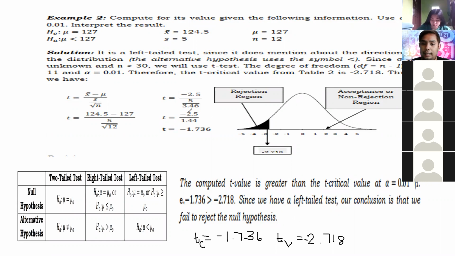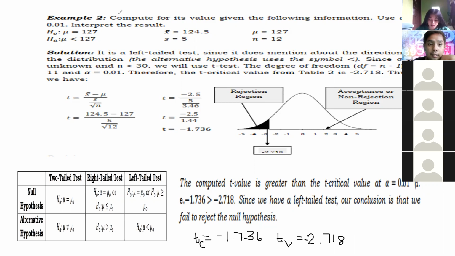Let's take note of that. Kapag lumabas sa ating t-computed ay positive, gagamitin natin ay positive. Dahil this is negative, negative rin yung critical value. Dapat pantay ang labanan. Okay? So, ngayon, that's negative 1.736 at saka negative 2.718. Mas malaki ngayon si computed.